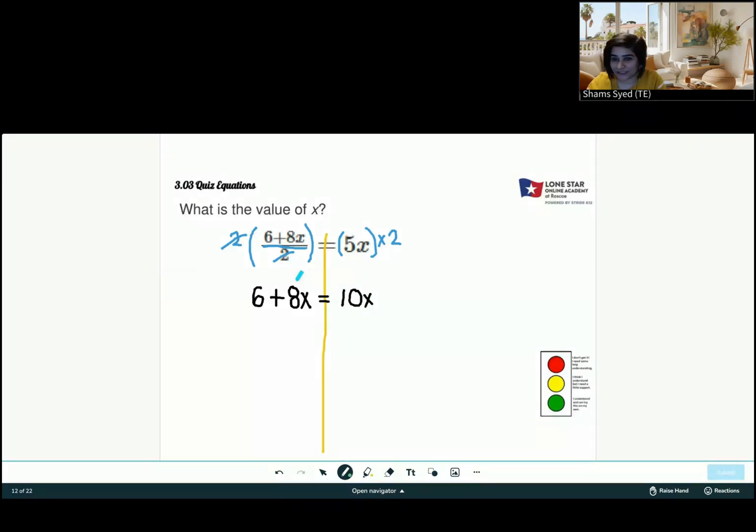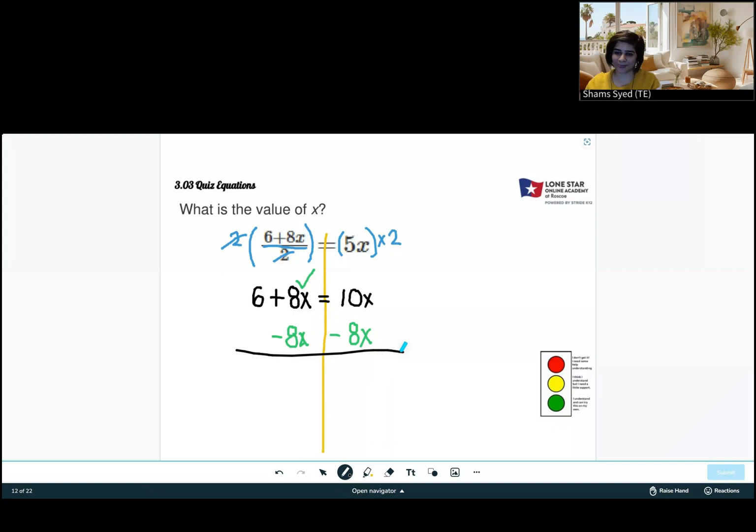I'm going to get rid of the smaller variable by doing the reverse operation. I will subtract 8x from each side. And we will try to check what is the impact of subtracting 8x from each side.